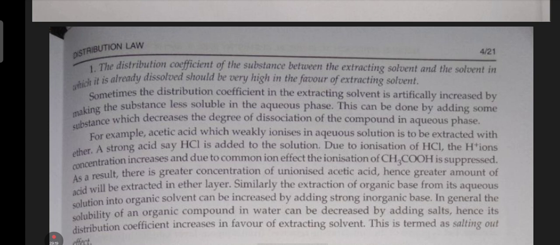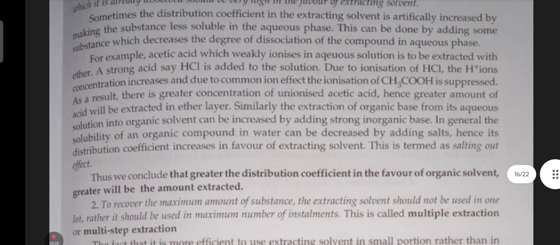As a result, there is a greater concentration of unionized acetic acid, hence a greater amount of acid will be extracted in the ether layer. Similarly, the extraction of an organic base from its aqueous solution into an organic solvent can be increased by adding a strong organic base.